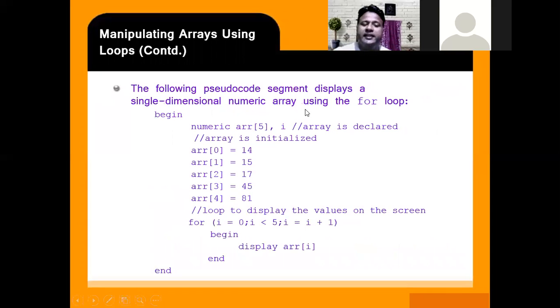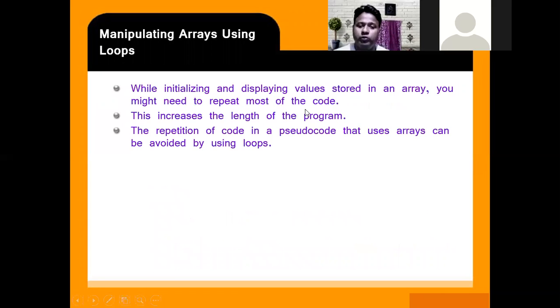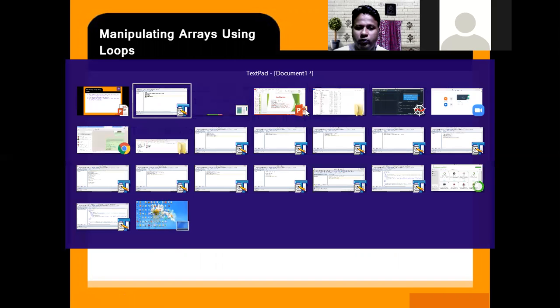Then while initializing and displaying the values stored in an array, you might need to repeat most of the code. This increases the length of the program. The repetition of code in pseudocode that uses an array can be avoided using loops. So by using loops, we can avoid it.